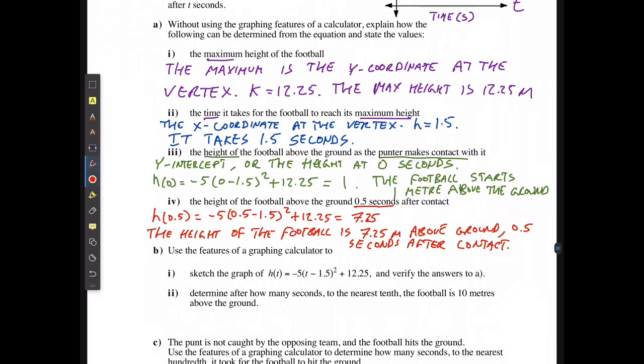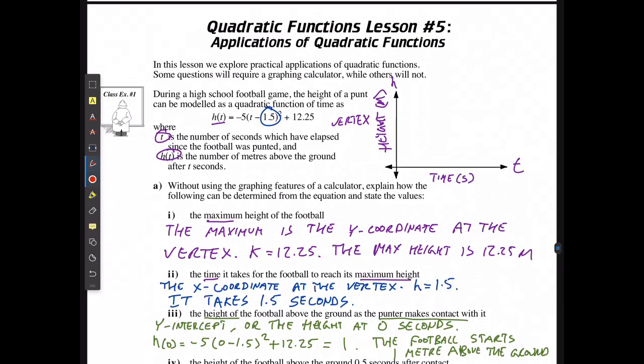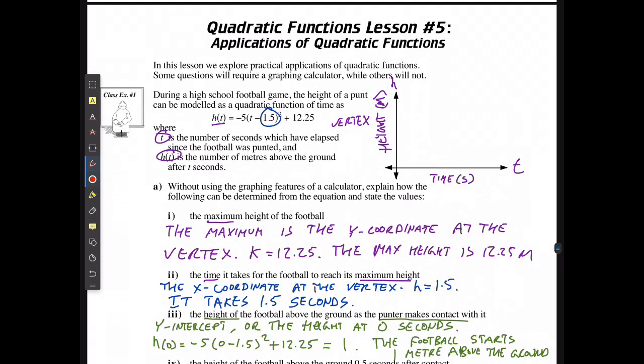When I use the graphing features on my calculator, I'm going to graph it out, and I'm just going to need to change my window settings so that I can see the y-intercept and the vertex.